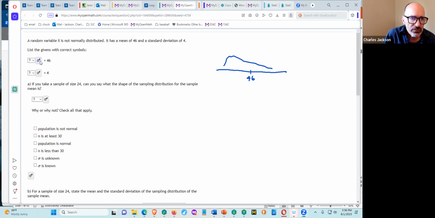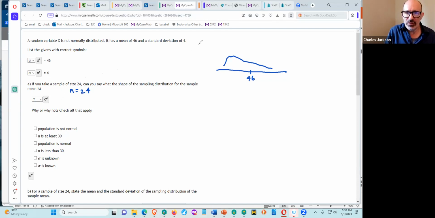So mu is 46. Mu is the population mean. And sigma is 4. Population standard deviation. If you take a sample of size 24, so now things get interesting. N equals 24. Can you say what the shape of the sampling distribution for the sample mean is?